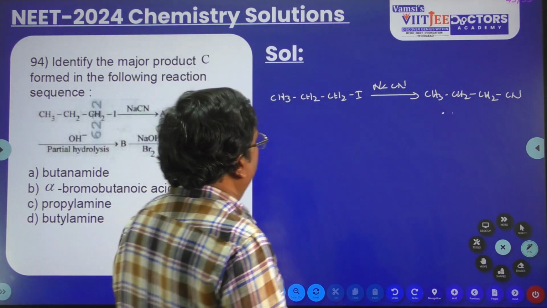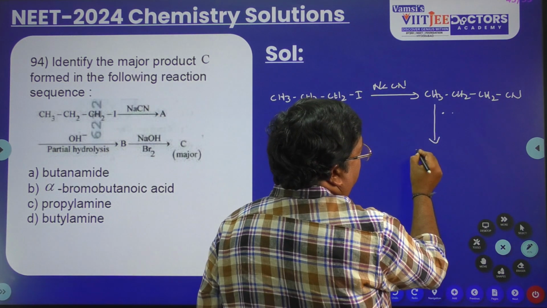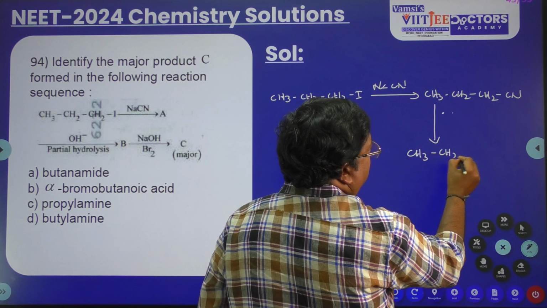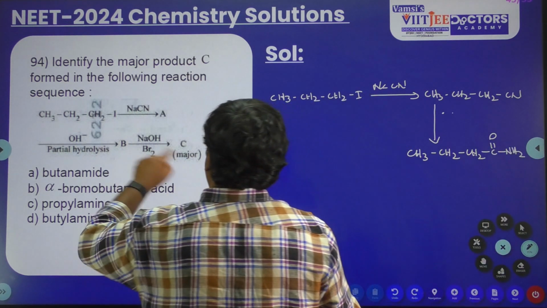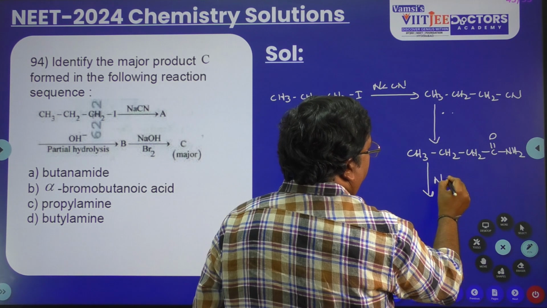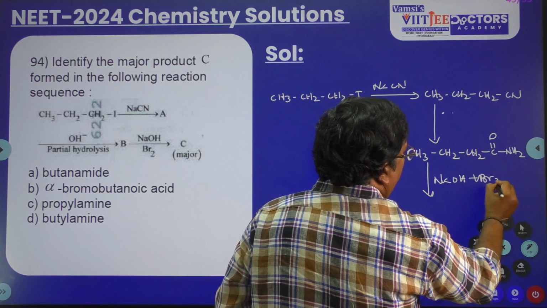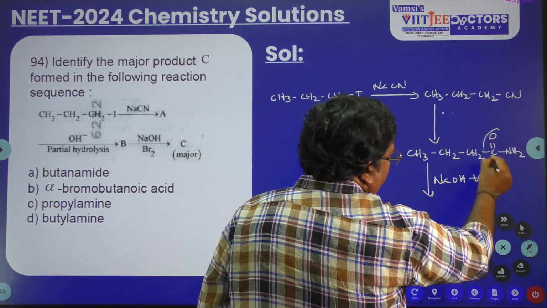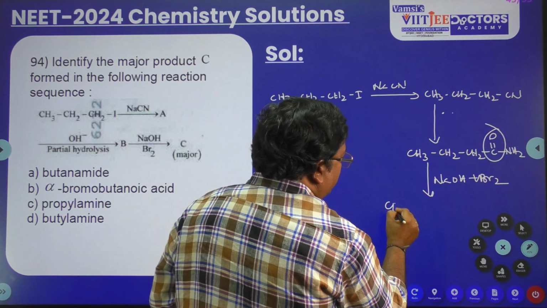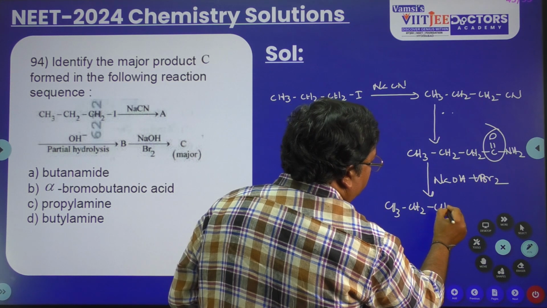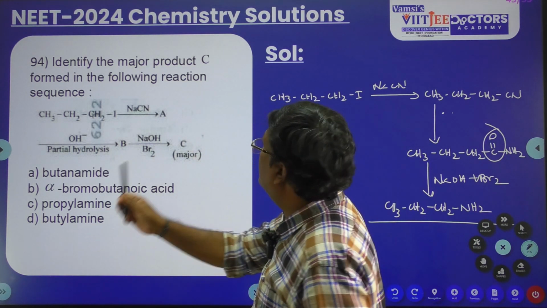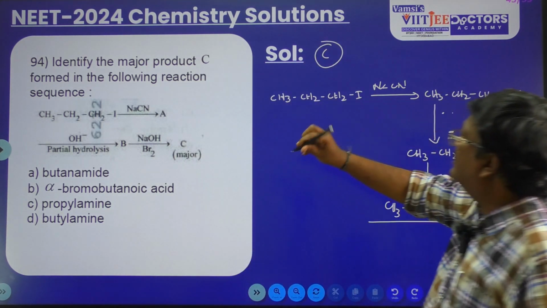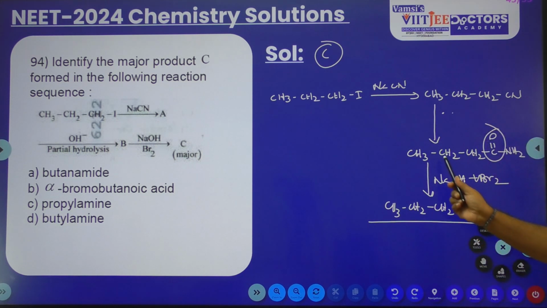Next, partial hydrolysis is given; here amide is formed. Next, Br2, NaOH, the Hoffman hypobromamide reaction, where CO is eliminated. We get CH3CH2CH2NH2, propyl amine. Here C is the answer: butane nitrile, butanamide, propyl amine.